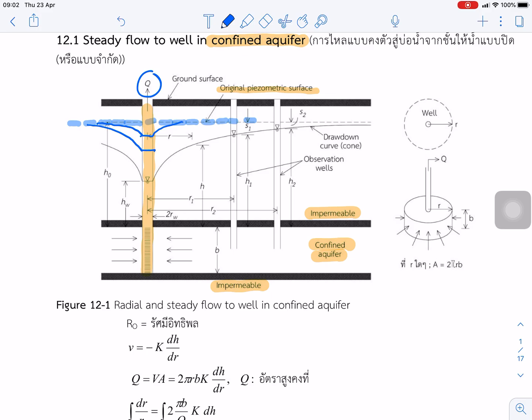As time increases, the piezometric surface moves down like this, until it comes to this point. It means it's steady state. It doesn't change anymore. It's steady.